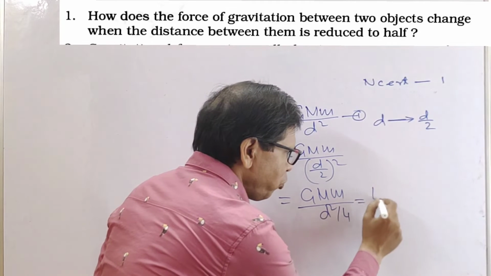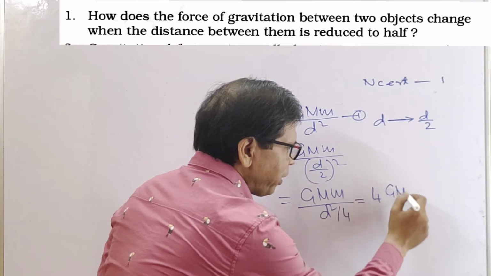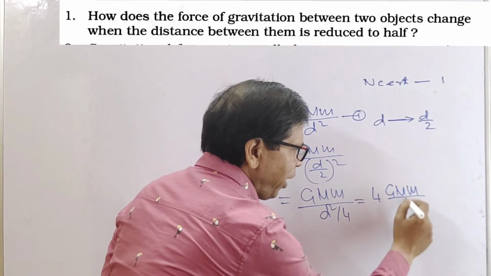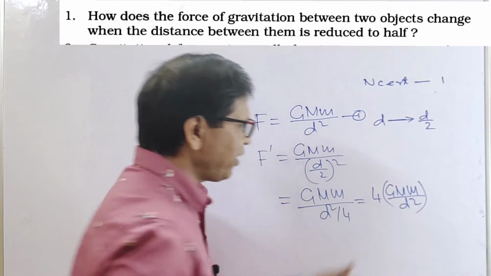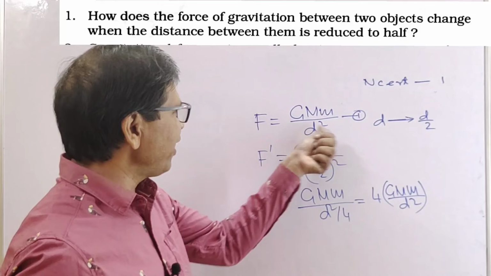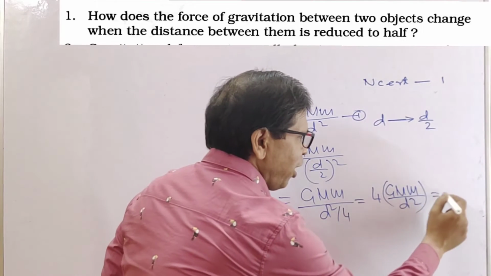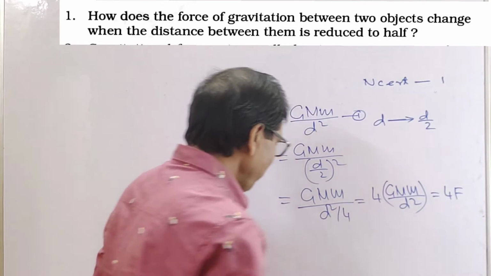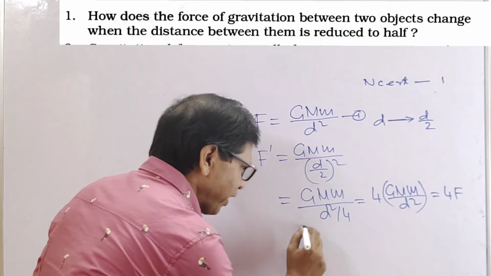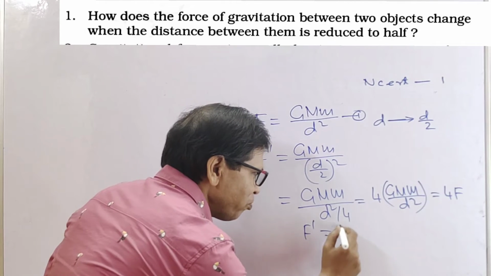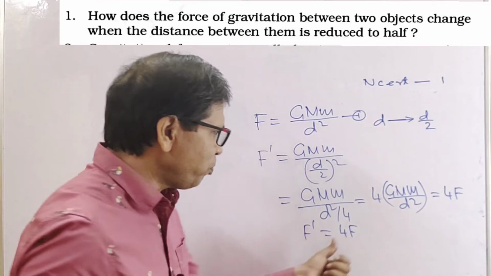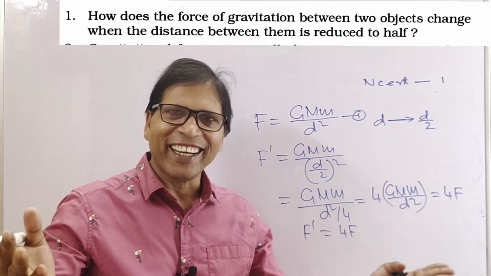So this becomes 4 into G, capital M, small m divided by d square, and this is F. So this is 4F. Therefore the gravitational force of attraction becomes 4 times the initial.